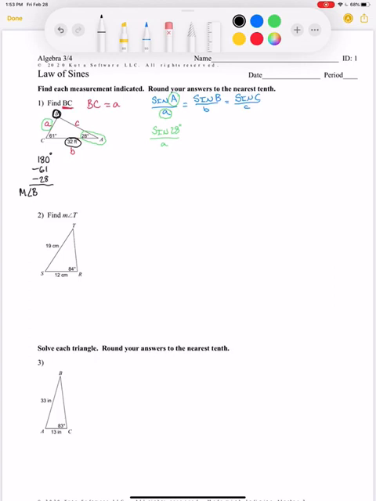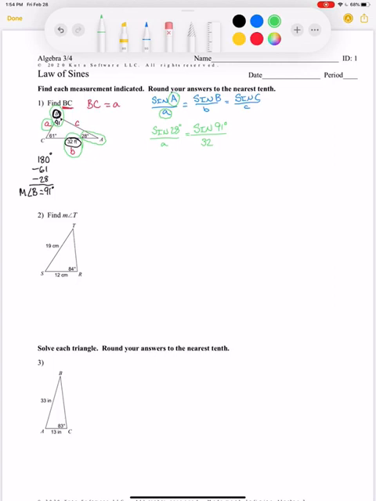That's going to leave me with 91 degrees. So I can go ahead and write that in there. B is 91 degrees. Now I can use side B and angle B, and I can plug those in. So the sine of angle B is 91 degrees, and little b or side B is 32 feet.